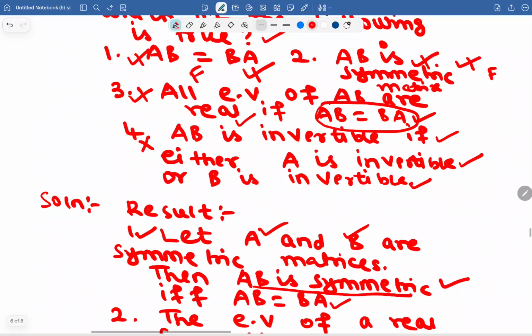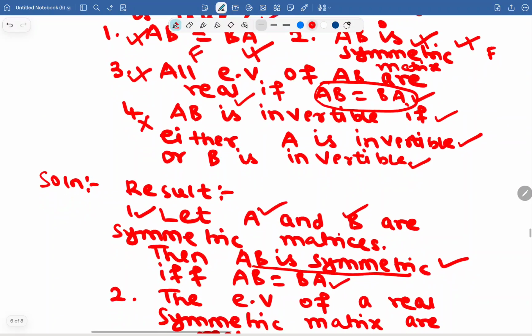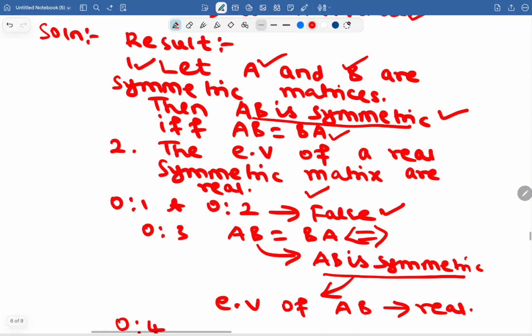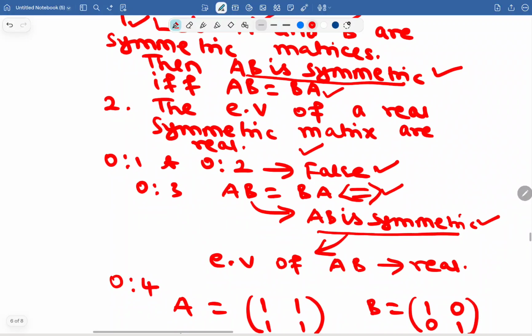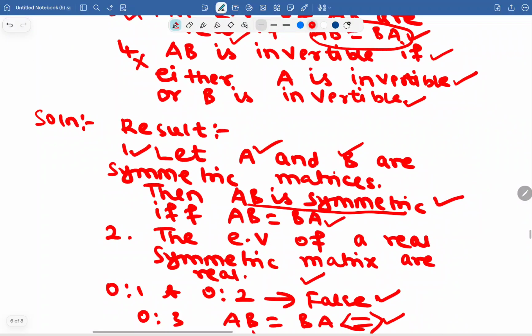Option 3: AB equal to BA, then all eigenvalues of AB are real. It is true because AB equal to BA, so from the first result AB is symmetric. Once AB is symmetric, the eigenvalues of AB are real from the second result, since the eigenvalues of a real symmetric matrix are real.